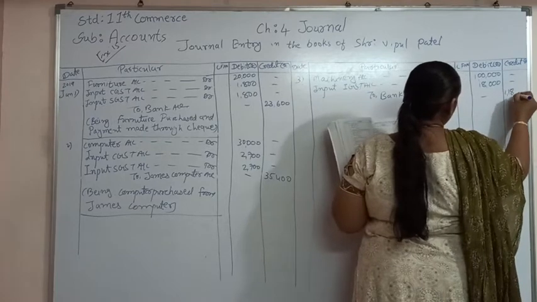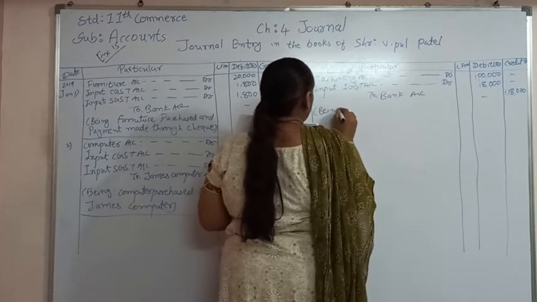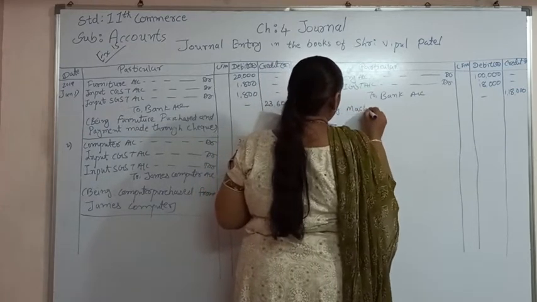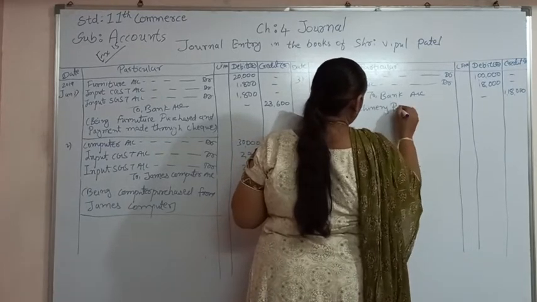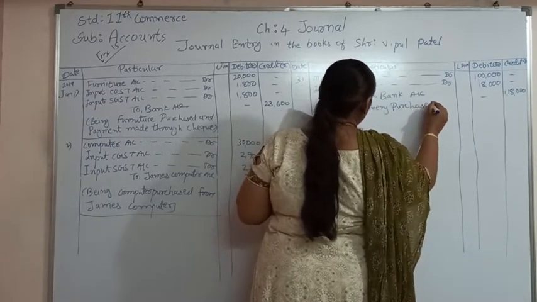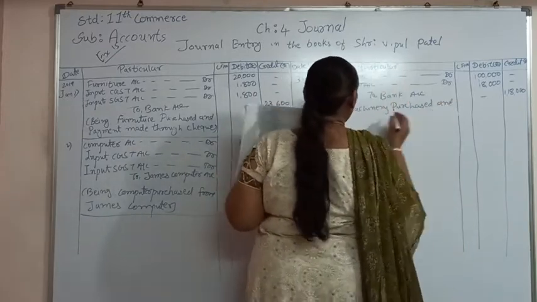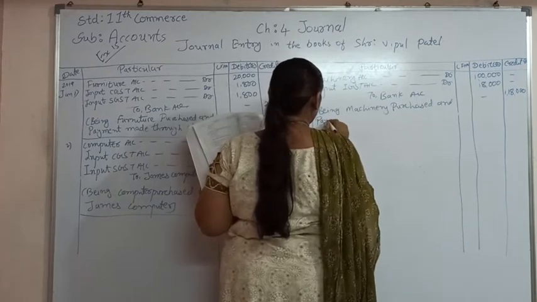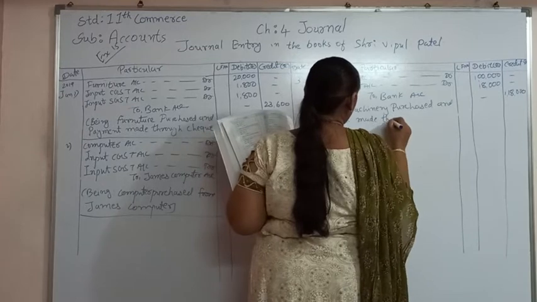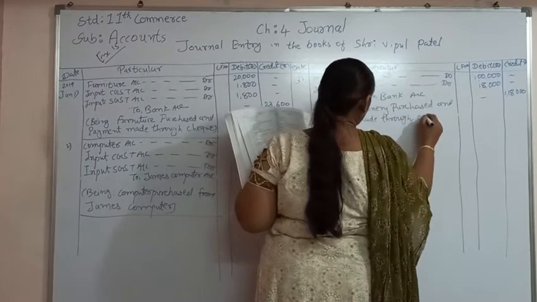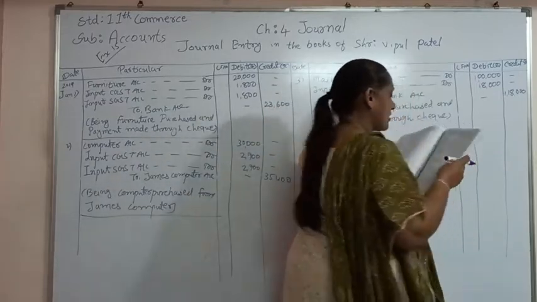So the total amount will be 1,18,000, being machinery purchased and payment made through check.